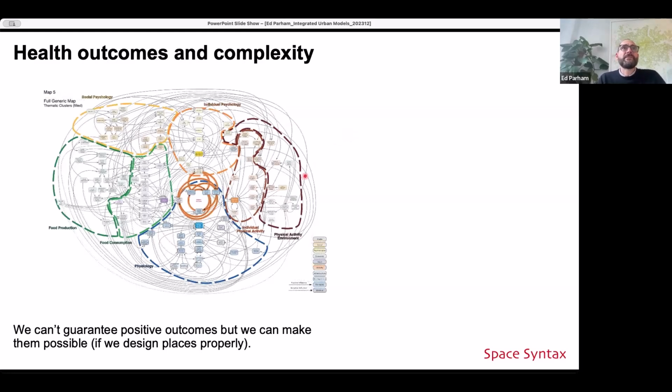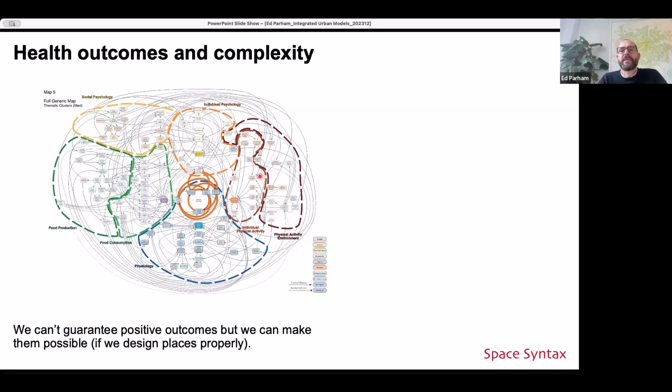What you can do though, and in this particular example it's really helpful, is that they have started to group these factors together and put them into kind of families. So you can see those points that I was just making, these things around conditions that you might inherit and what food you eat and all of those sorts of things. The bit that is really important for designers and planners is that this group over here has been classified as the physical activity environment.